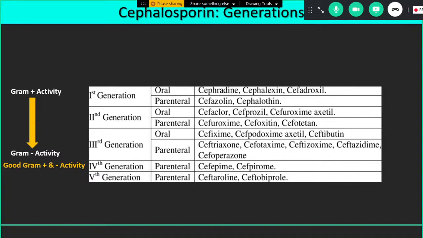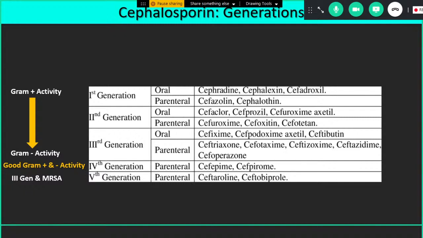Because of that, it was required to search for cephalosporins which have activity against MRSA. So the fifth generation has the activity of the third generation, plus it also has activity against MRSA. To some extent, one of them also has activity against pseudomonas.